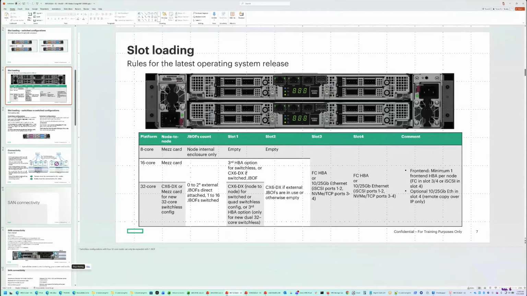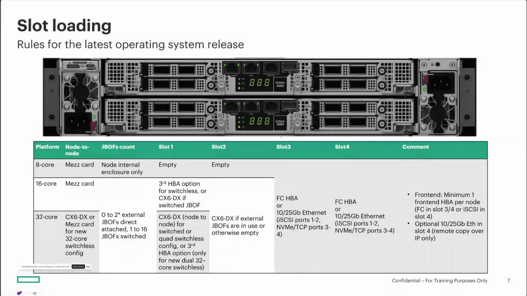Let me put it back as a slideshow here, and let me get the pen. So that is the new 32 core without the Aruba switch. The node to node connection is using the mezzanine card.